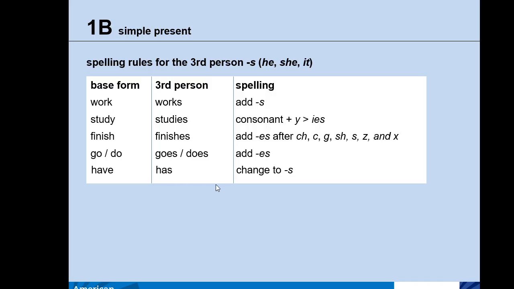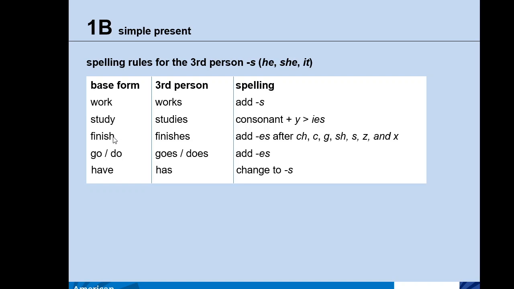Okay. Entonces, para la tercera persona, sabemos que tenemos que agregar la letra S en la mayoría de los casos, pero también sabemos que tenemos que fijarnos en algunos casos particulares, como por ejemplo los verbos que terminan en consonante Y, le cambiamos el final de esta forma, es decir, reemplazamos la Y por I latina y finalizamos con ES.